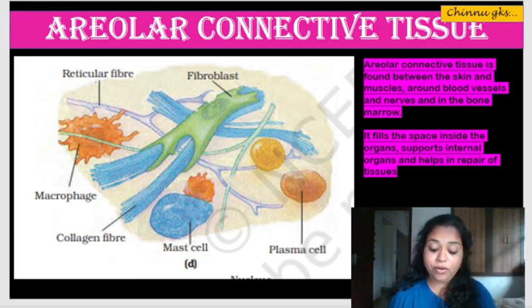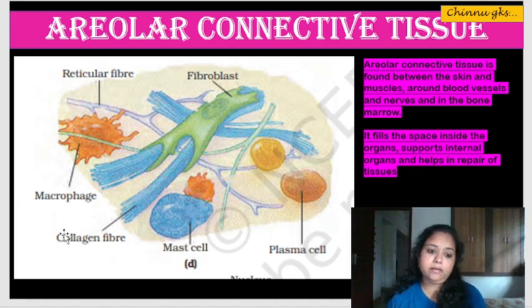Especially when we look at the plasma cells, which are actually derived from the B lymphocytes, they produce antibodies. Mast cells fight the infections. Then you are having the macrophages, which are very huge cells with amoeboid structures. So they also kill the pathogens.